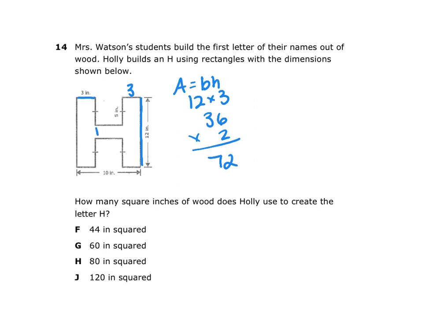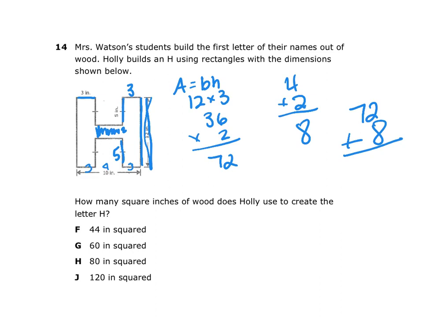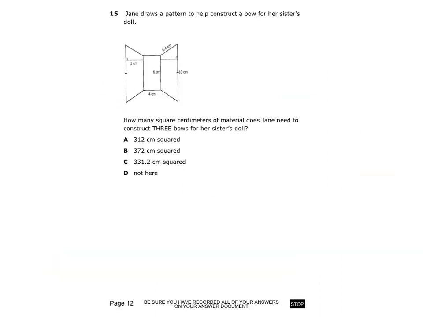Then we have this piece here that we need to figure out. This is 5 and this is 5, so the whole thing is 12, so that's got to be 2 right there. And then this is 10. We got 3 and 3, so that leaves 4 right there. So 4 times 2 is 8. 72 plus 8 is 80.